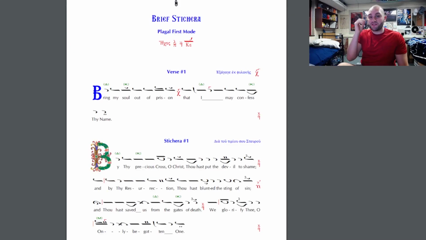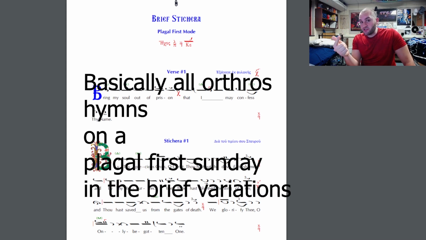So now that we know how the scale sounds, how it's derived, and the common stopping points in the scale, it's important that we look at its use cases. So one, in Orthros, it is used in God is the Lord. It is used in the resurrectional apolytikion, the kathismata, and the evlogitaria, both for Sunday and for memorial services.